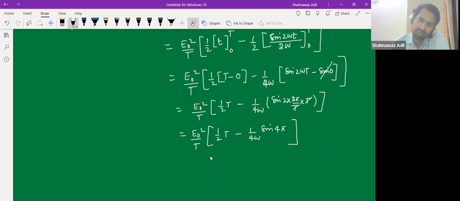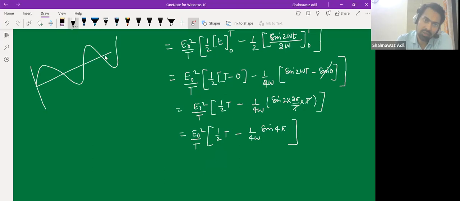What is the value of sine 4 pi? Remember, sine is this function. So this is 0, this is pi, this is 2 pi, this is 3 pi, this is 4 pi.